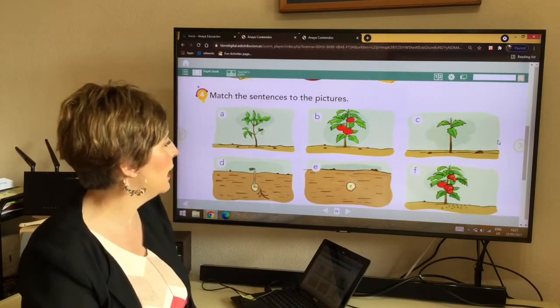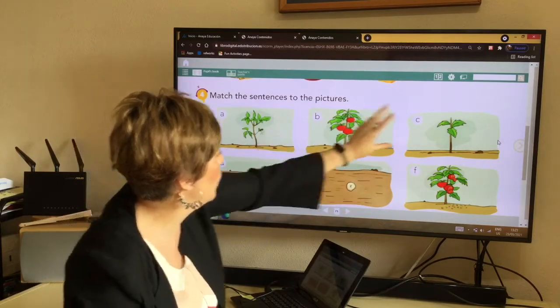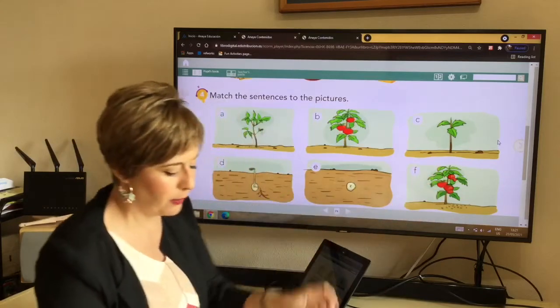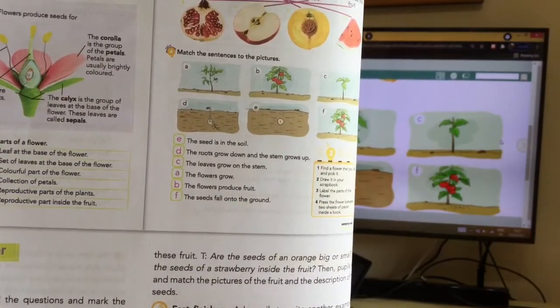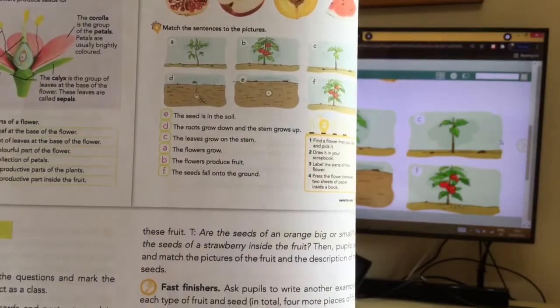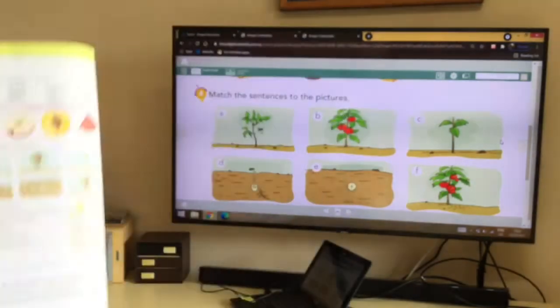So this could be the plant cycle. 1, 2, 3, 4, 5, and 6 is very important. You have it here in your book. You can see the answers here. So in case you have any mistake, you correct using my book.